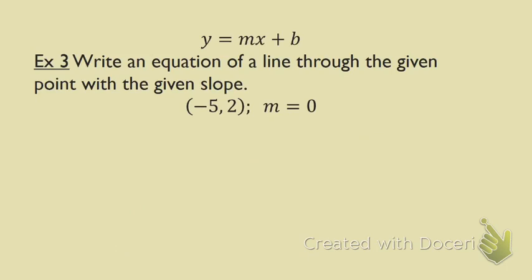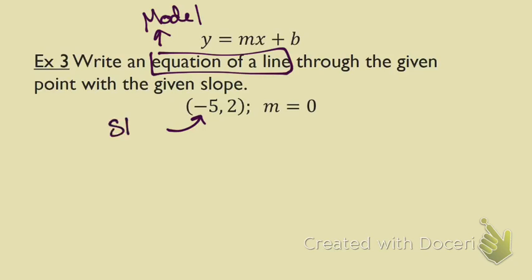So in this next example, when I want to write an equation of a line, that's a model. And whenever I'm given a point, that means I'm starting with -5, the number on the left, and I'm ending with the number on the right. Slope, that's our rate in a word problem.